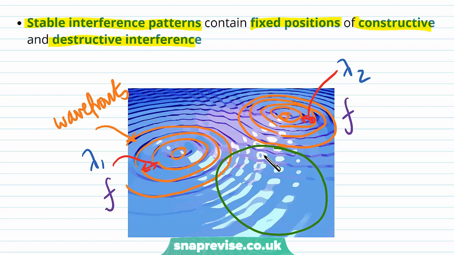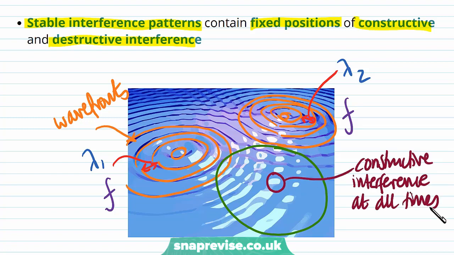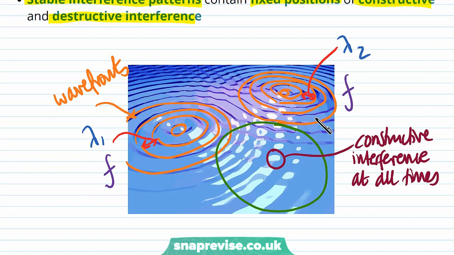In this case, when we say there's a stable interference pattern, we don't mean that a certain point will always be a peak or a trough. What we mean is that, for example, at this point here, there will always be constructive interference. So it will always oscillate up and down between a peak and a trough, but the amplitude will always be at a maximum for that wave.